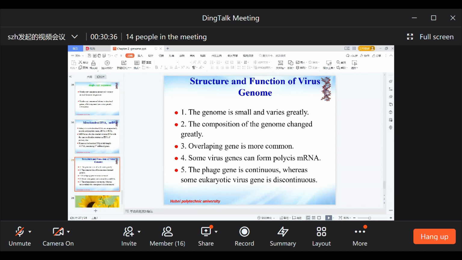And in phage, genes are continuous, whereas in some eukaryotic organisms' viruses, genes are discontinuous. So for the viral structure and function, we summarize 5 facets. For the genome, this chapter, we study this part, that is enough, okay.